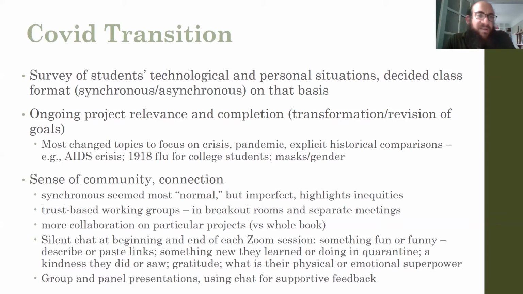A number of them did projects related to the AIDS crisis, or turned to the 1918 flu, and that student took quotes from letters written by college students in 1918 and drew parallels to the present day. Another student was thinking about masks and looked at gender in relation to masks in certain regions of Africa.